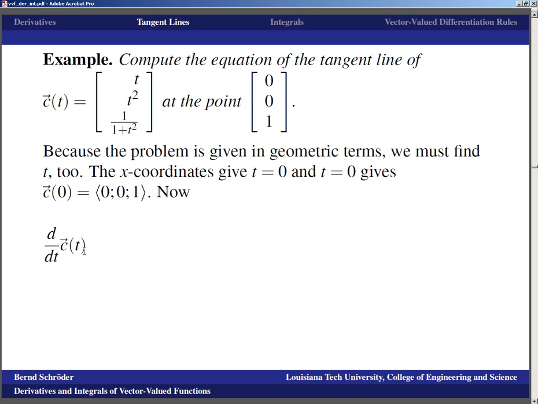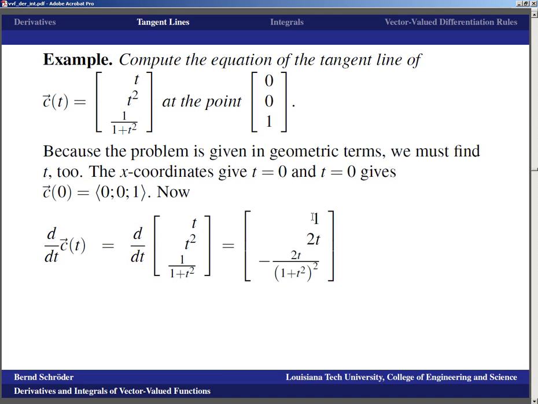And now we also need the derivative. The derivative of c of t is the derivative of (t, t squared, 1 over 1 plus t squared). The derivative of t is 1, the derivative of t squared is 2t, and the derivative of 1 over 1 plus t squared, you compute with the chain rule, because that's (1 plus t squared) to the negative 1, so the derivative is negative 1 times (1 plus t squared) to the negative 2 times 2t.